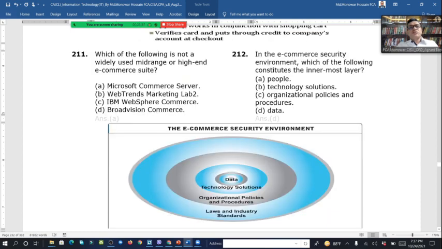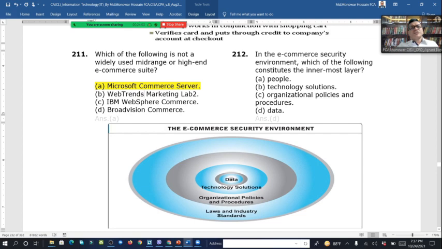Now question 211. Which of the following is not a widely used mid-range or high-end e-commerce suite? So here basically the answer is Microsoft Commerce Server.